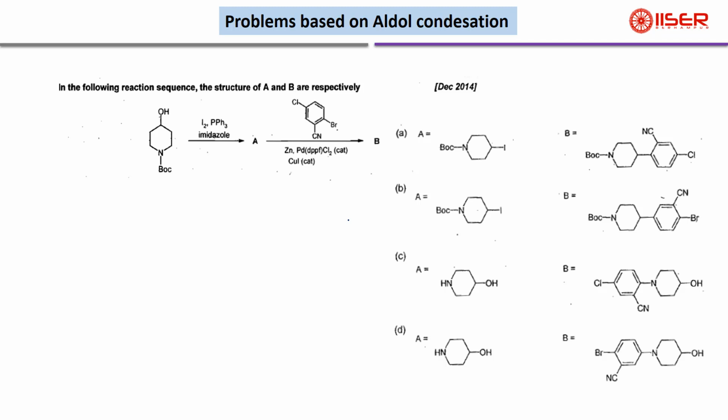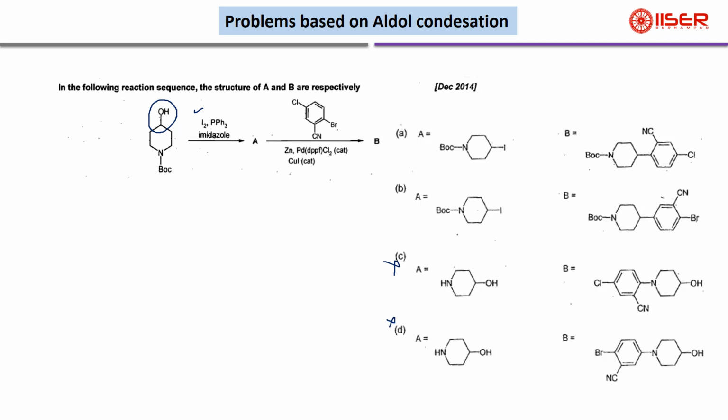So from that you get an idea, it is an Appel reaction, because halogen is given as well as PPh3. So obviously this OH will be substituted with iodine. So the correct option will be between A or B. So B, C and D are already cut.